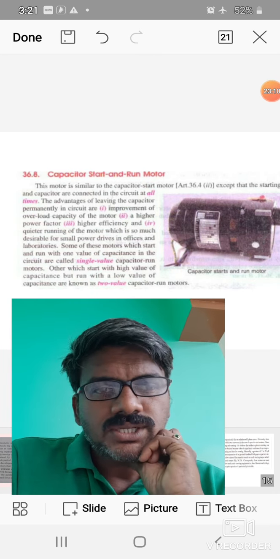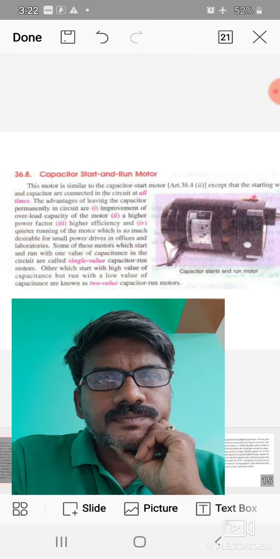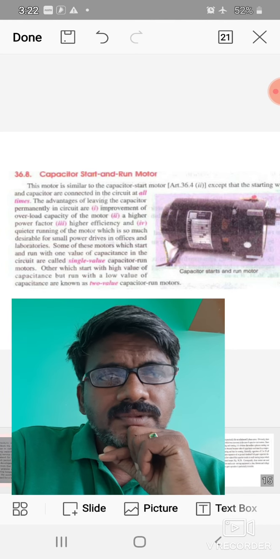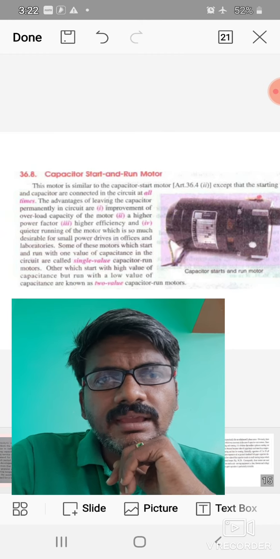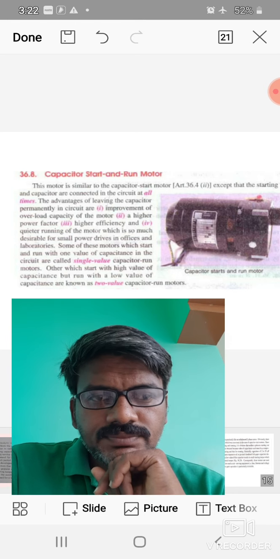The capacitor start and capacitor run motor is similar to the capacitor start motor, except that the starting winding and capacitors are connected in the circuit at all times.